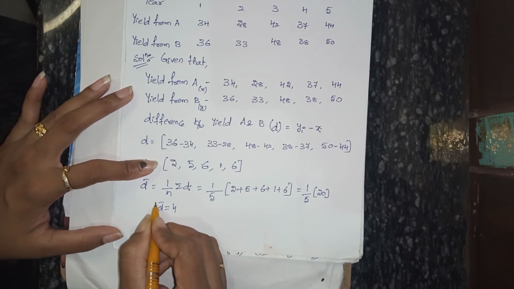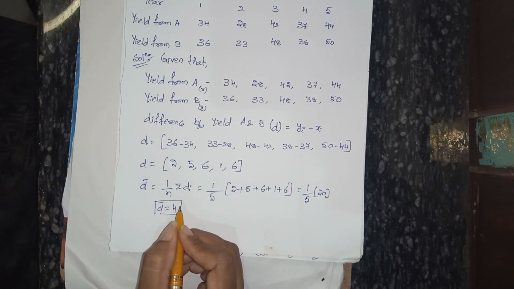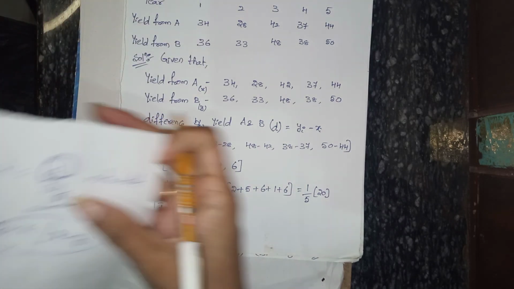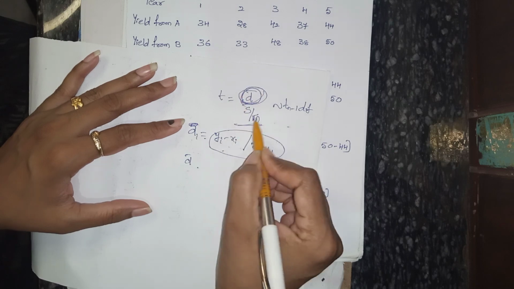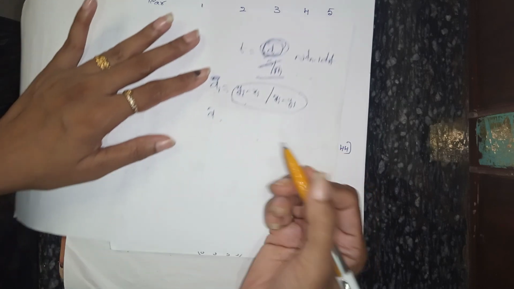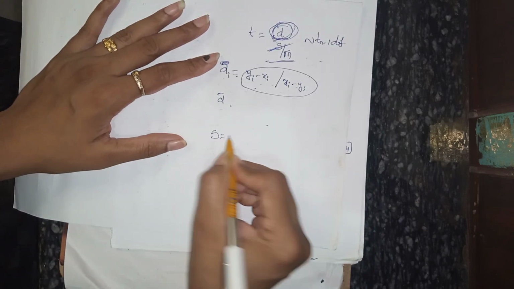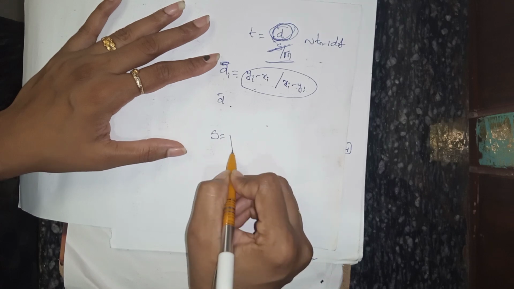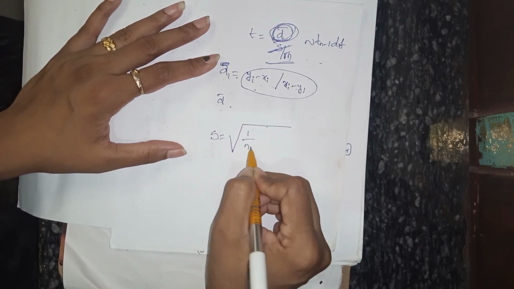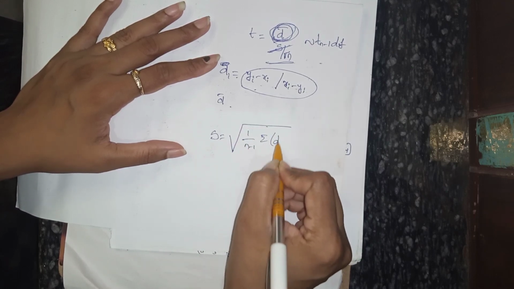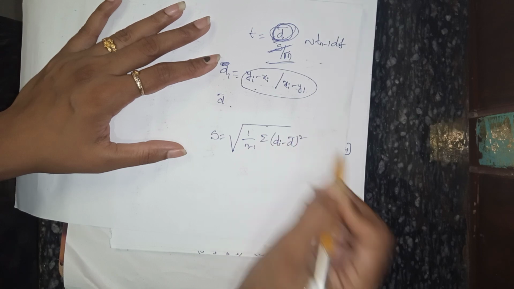Now d bar is completed, and now we have to calculate s. What is the formula of s? S is the standard deviation. S is the square root of 1 by n minus 1 summation di minus d bar whole square.